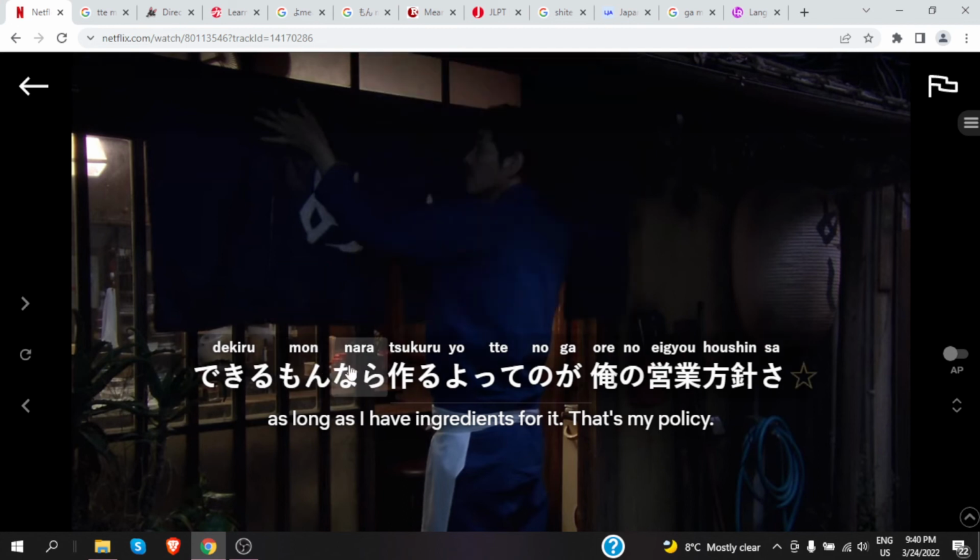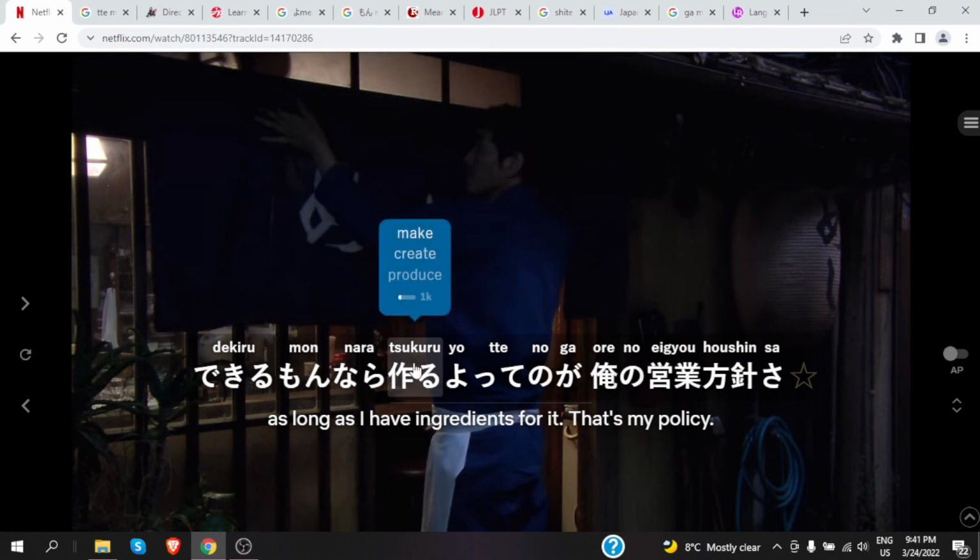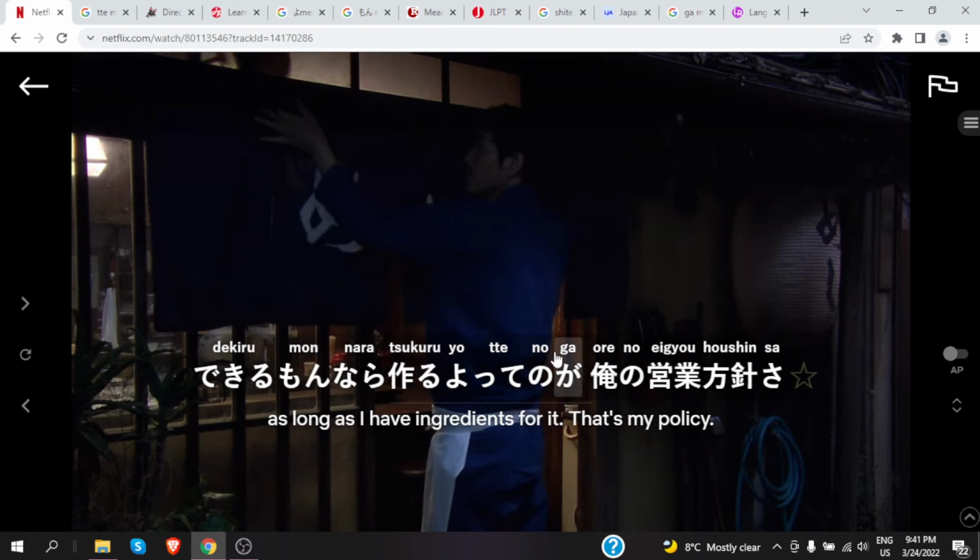So, dekiru mo nara tsukuru yo te no ga. I suppose this is this particle thing that is referring to this as the subject, maybe? Dekiru, be able to do, if you can make it, I suppose. So that's the concept this ga is emphasizing.